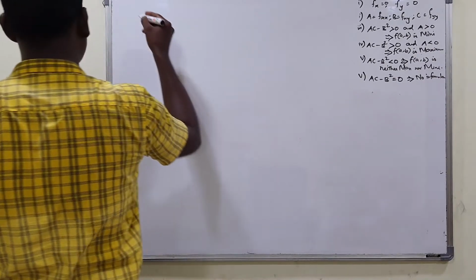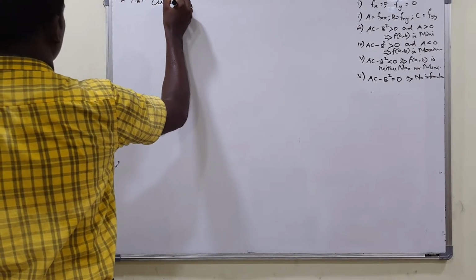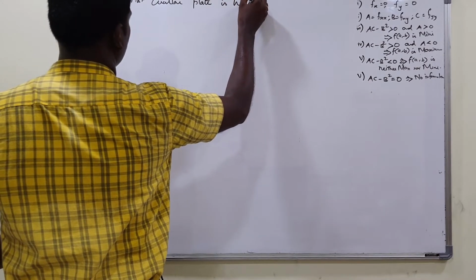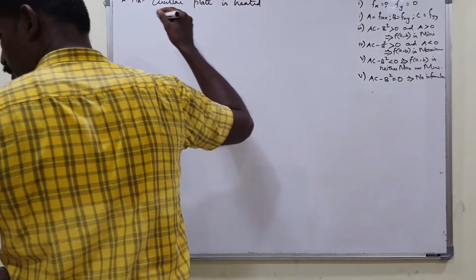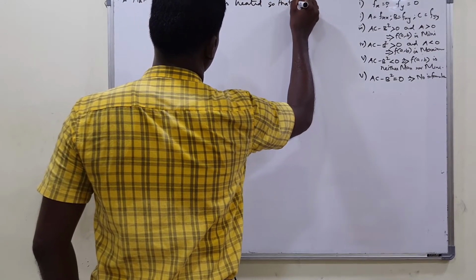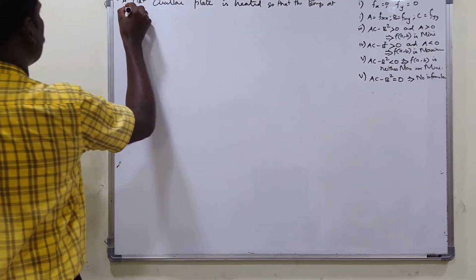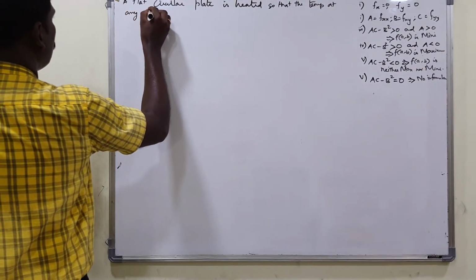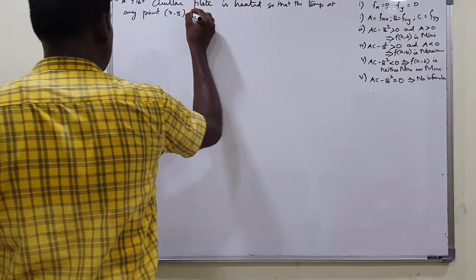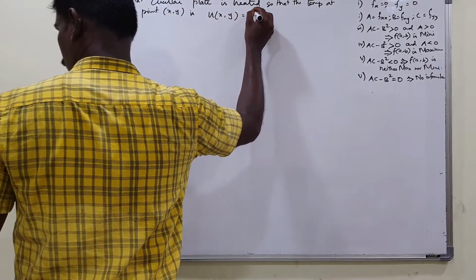A flat circular plate is heated so that the temperature at any point x comma y is u of x comma y is equal to what?